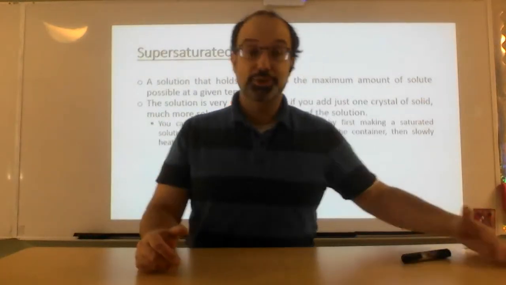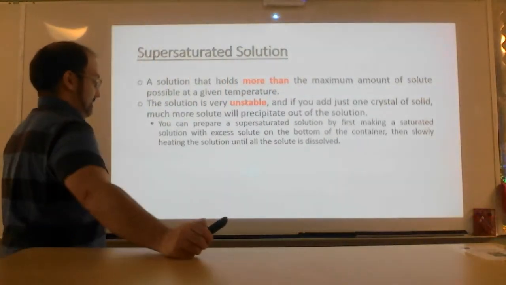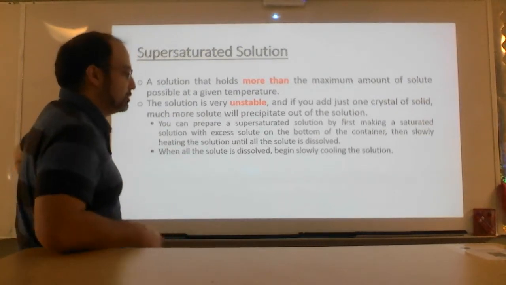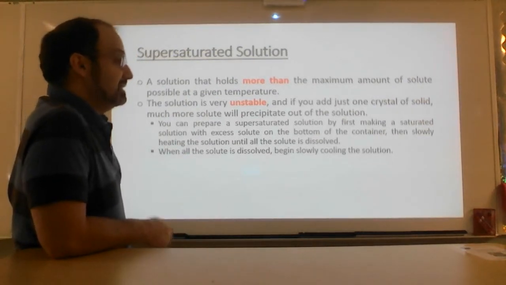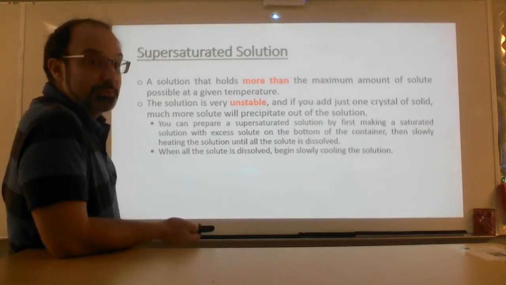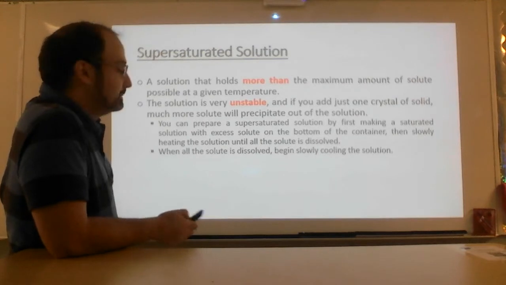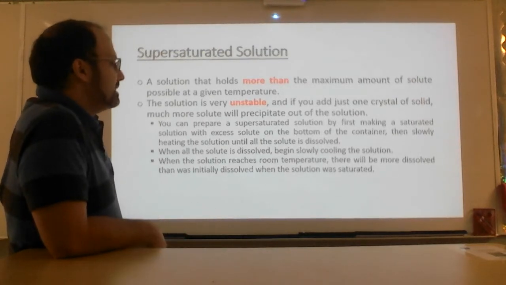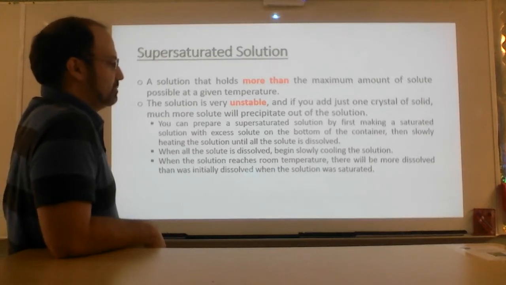So this third option is a strange one. When all the solute is dissolved, you slowly cool down the solution. In theory, as I just said, everything should precipitate out, but it won't right away because the water is in the way. When the solution reaches room temperature, or whatever temperature, it doesn't really matter, there will be more dissolved than was initially dissolved when the solution was saturated.